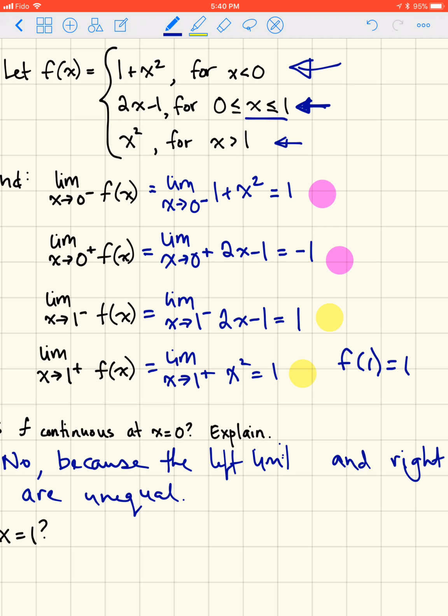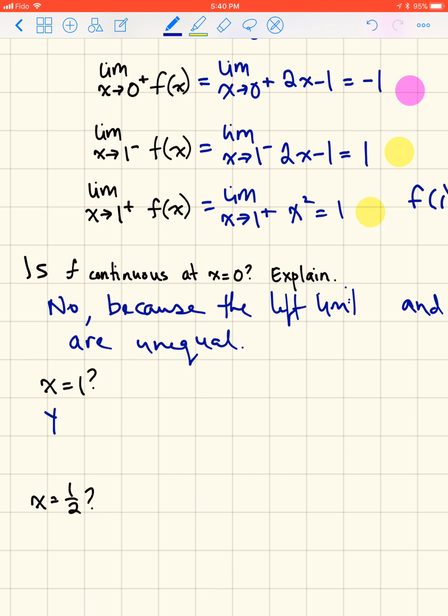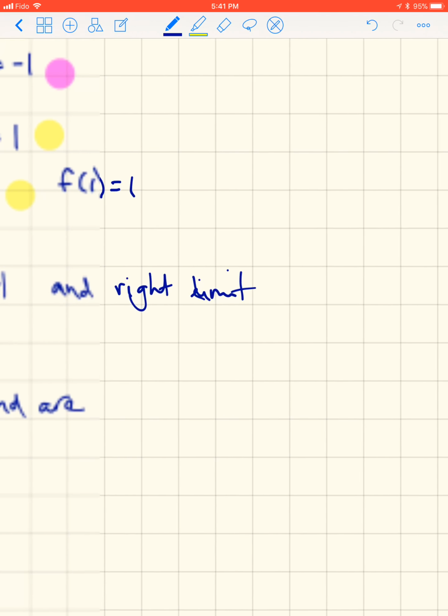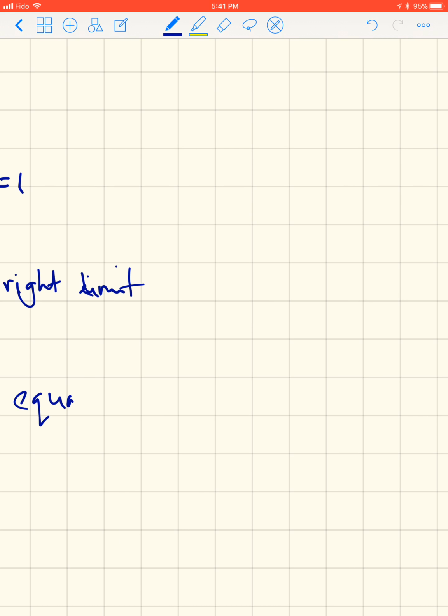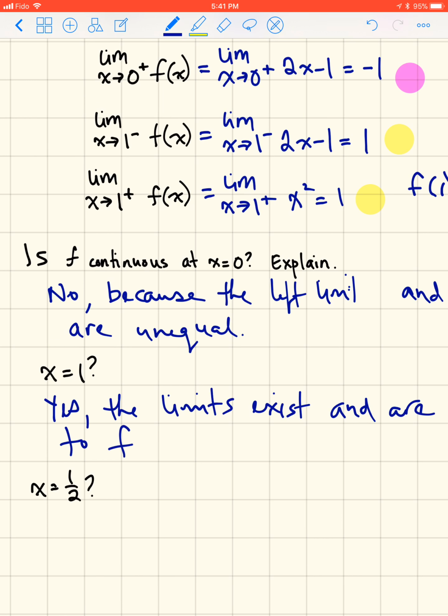F of 1 is 1, and it is the same as the limits. So here we can say yes, the limits exist and are equal, and also equal to f of 1, which is important.